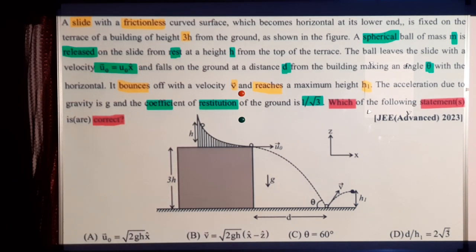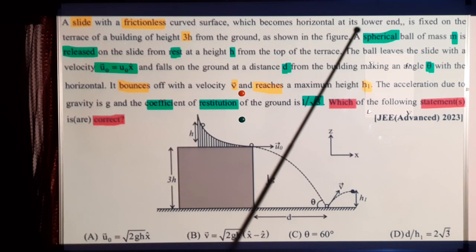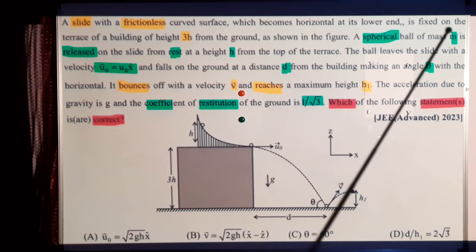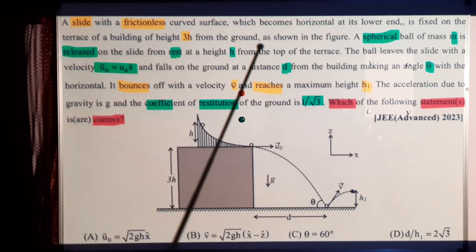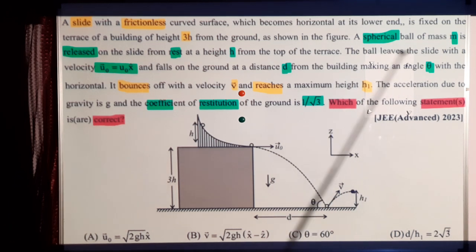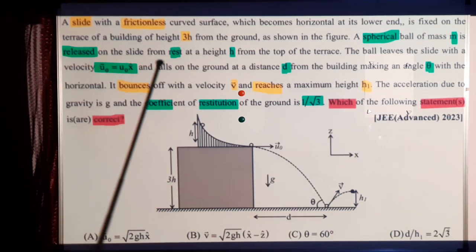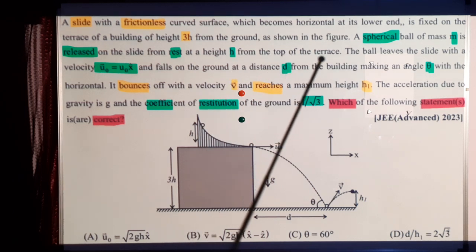This is the question. A slide with a frictionless curved surface which becomes horizontal at its lower end is fixed on the terrace of a building of height 3h from the ground as shown in the figure. A spherical ball of mass m is released on the slide from rest at a height h from the top of the terrace.